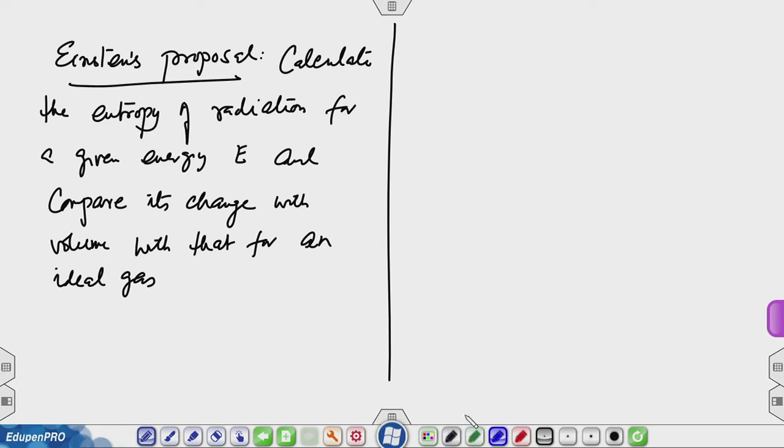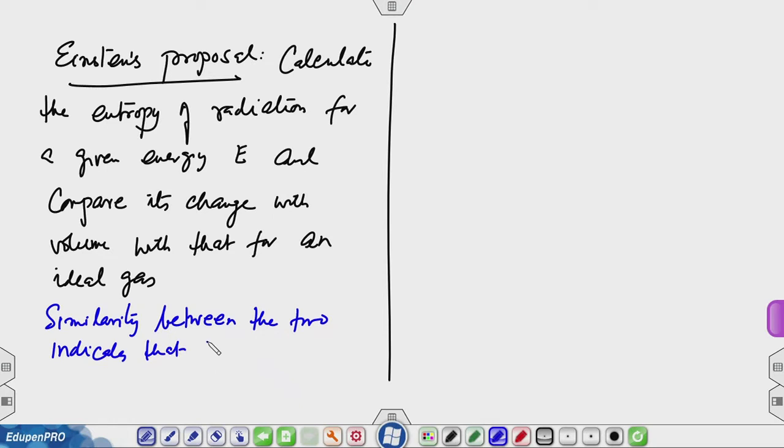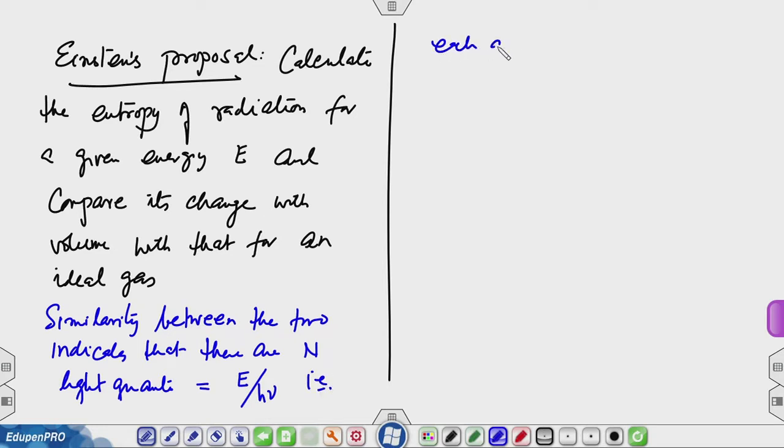And then similarity between the two indicates that there are n light quanta equal to E divided by h nu. That is, each quantum or photon carries energy h nu.